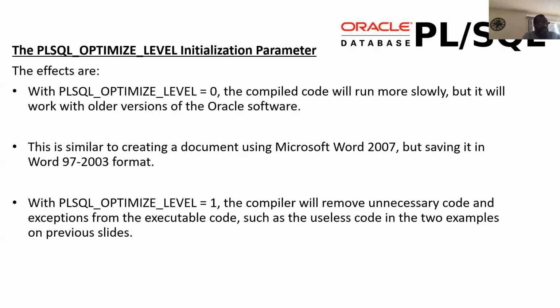Let's say you're running a piece of code, and for some reason you have an Oracle 10 developer running. Then you need to make sure that the optimized level is on 0. I don't know if that answered you.